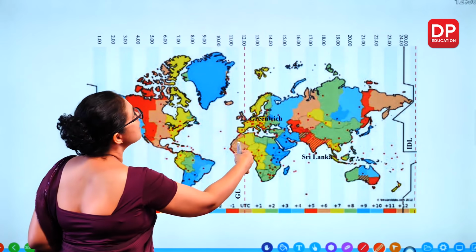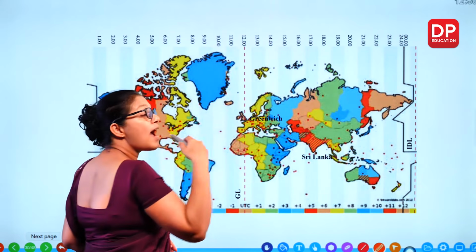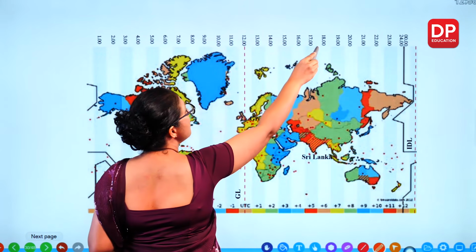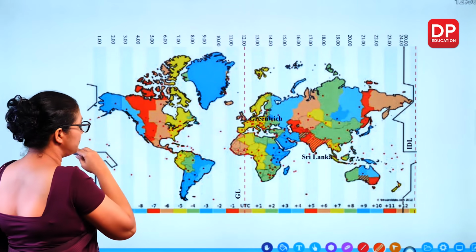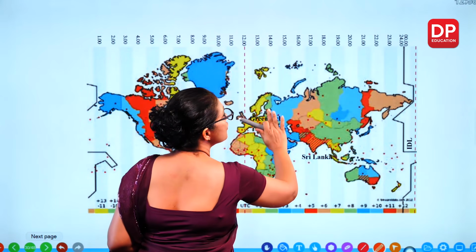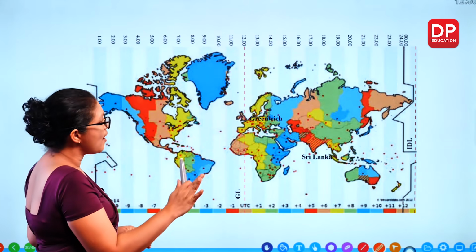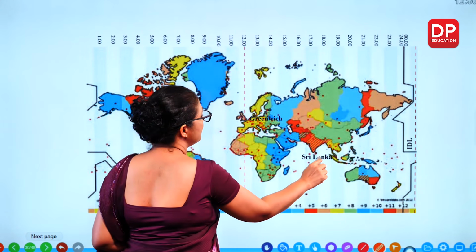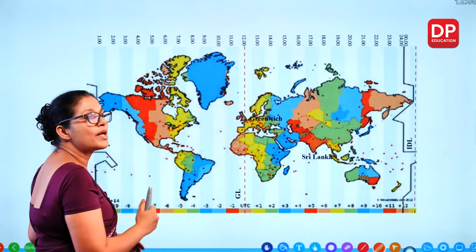And this is 0, that's 12. Then to this side we add 1 hour, positive here. To this side we subtract 1 hour. So when you take Australia, Australia is towards the right hand side. So remember roughly the countries. So Sri Lanka is here and the Greenwich line is towards the west side.